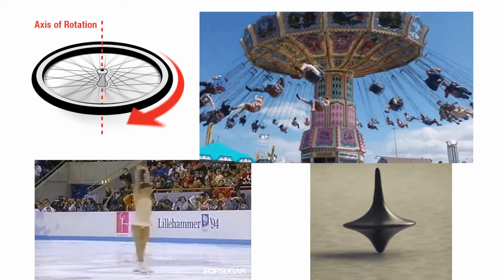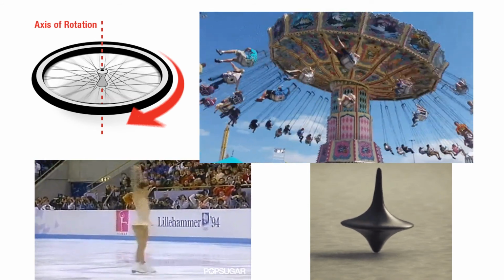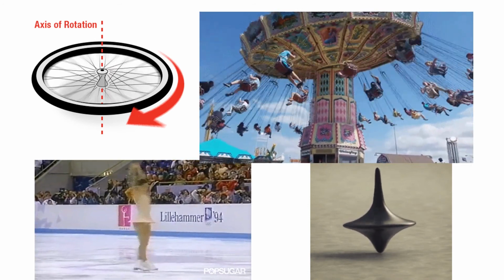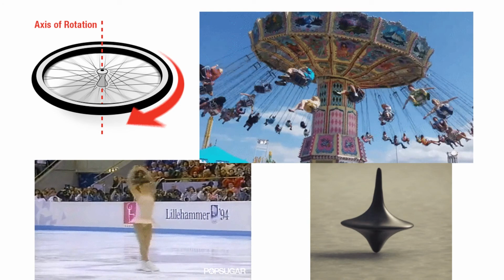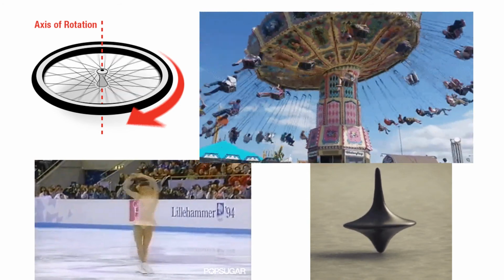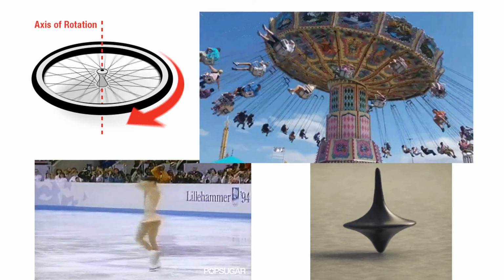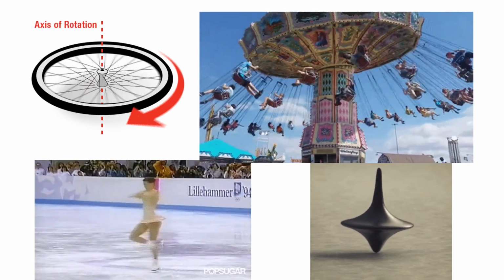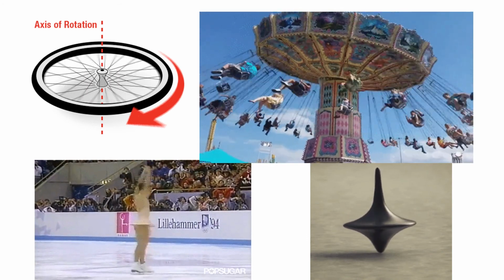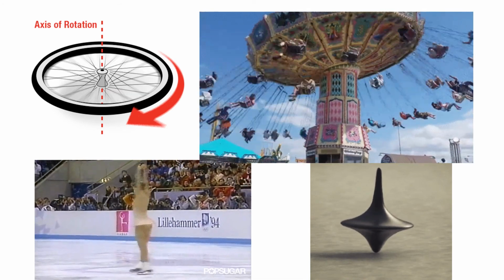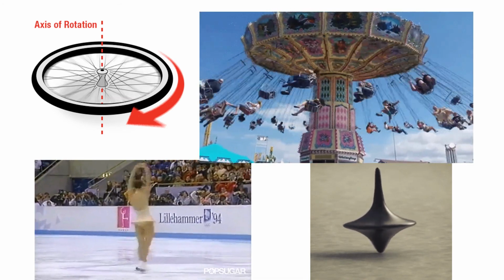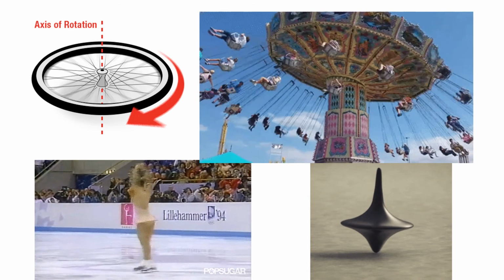So I have a few examples up there. Sort of like this bicycle wheel. I think I've been on one like that. It's pretty fun. For any rotating thing, it will always have an axis of rotation. Where is all of the stuff spinning around?